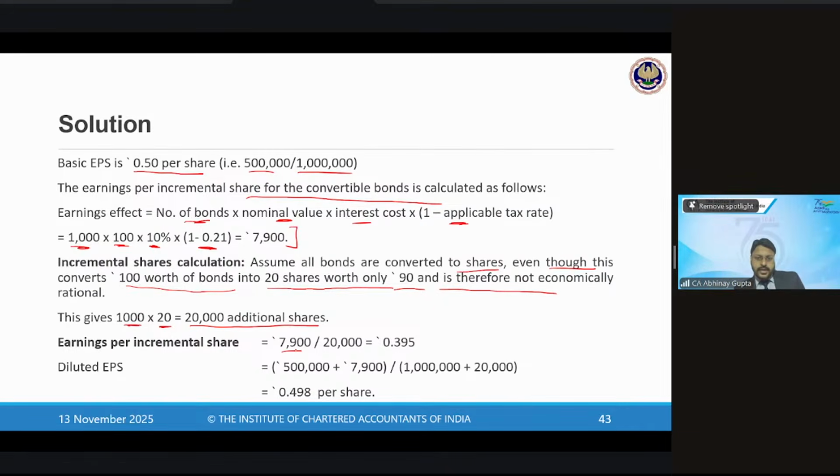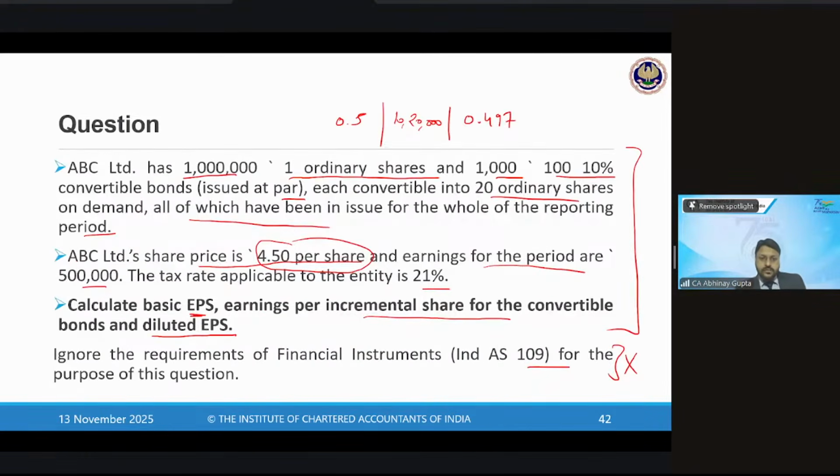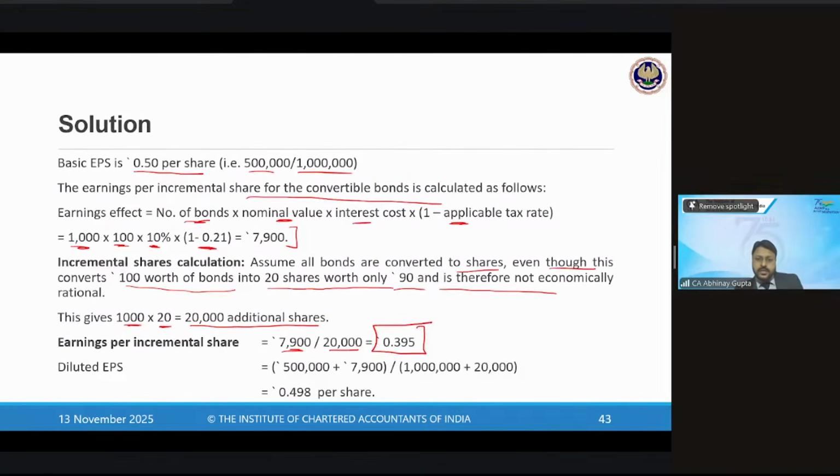So 7900 divided by 20,000, 0.395 is the incremental earning per share, right? So this was also asked in the question, first of all calculate the basic earning per share and also tell the earnings per incremental share, right? So earnings per incremental share is calculated in this way.